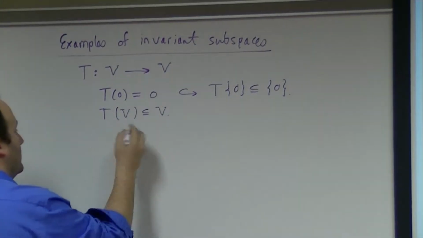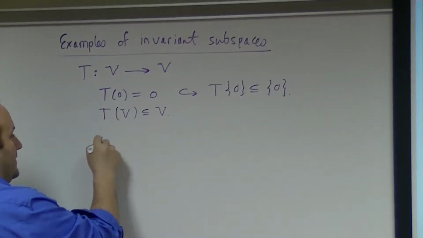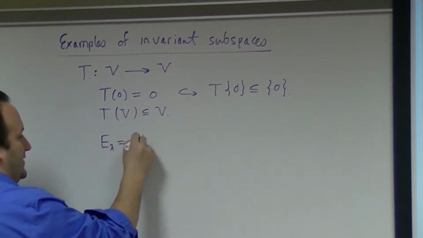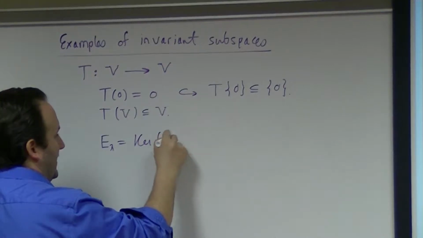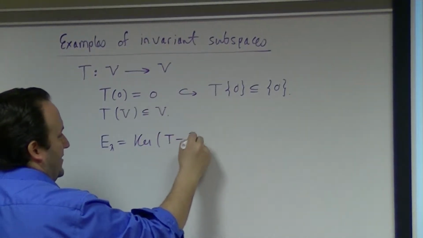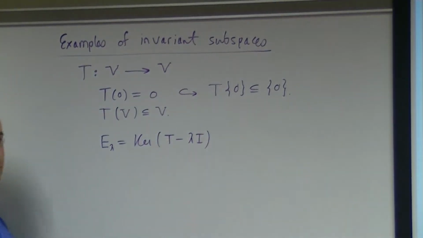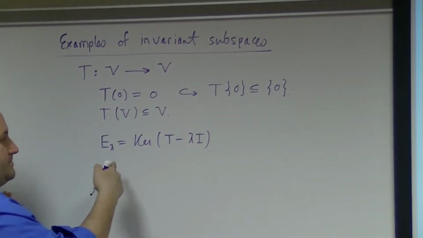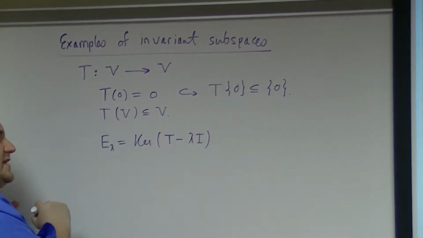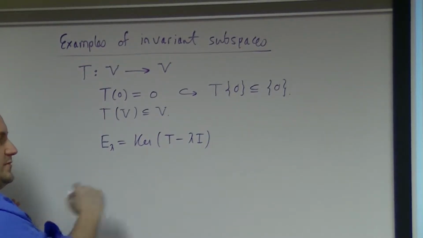Another thing you could check: E lambda, which was what? That was the kernel of T minus lambda I, right? You can prove that this is an invariant subspace. So for lambda, what are the two cases here, really?